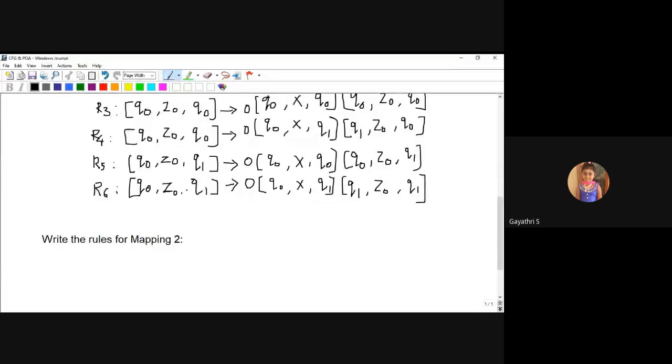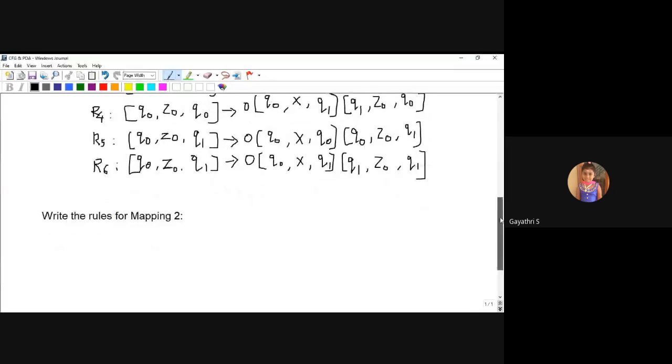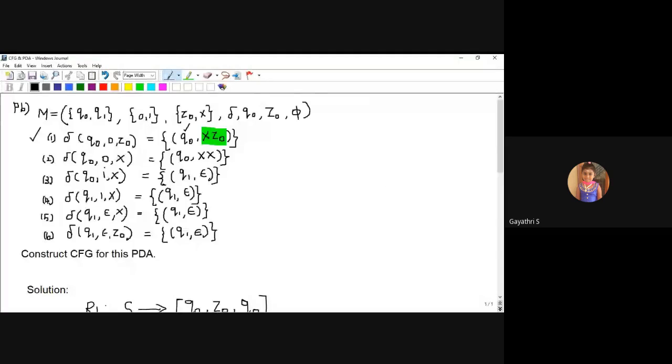Okay. Next, see the second mapping. Del of q naught comma 0 comma x is equal to q naught xx. Again see the last element xx, the number of elements here is 2, number of variables is 2.